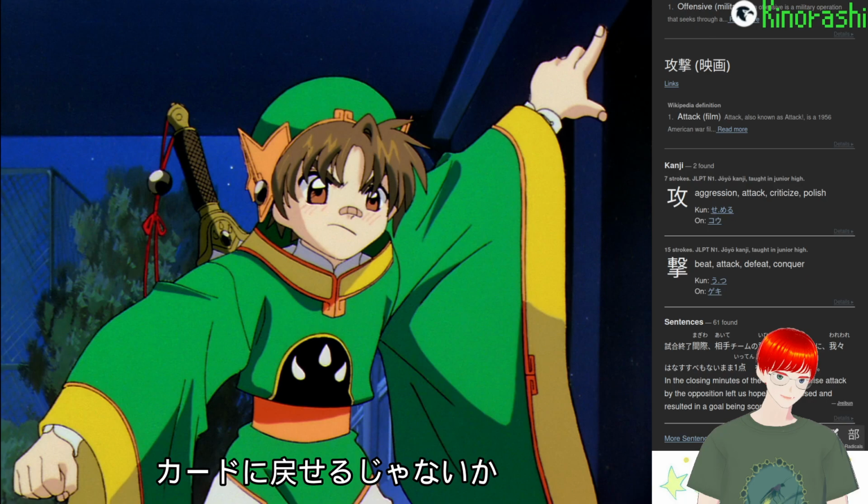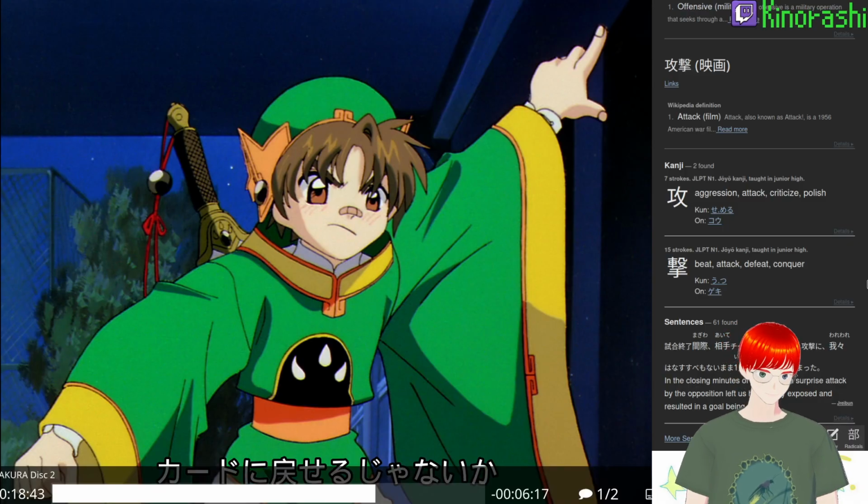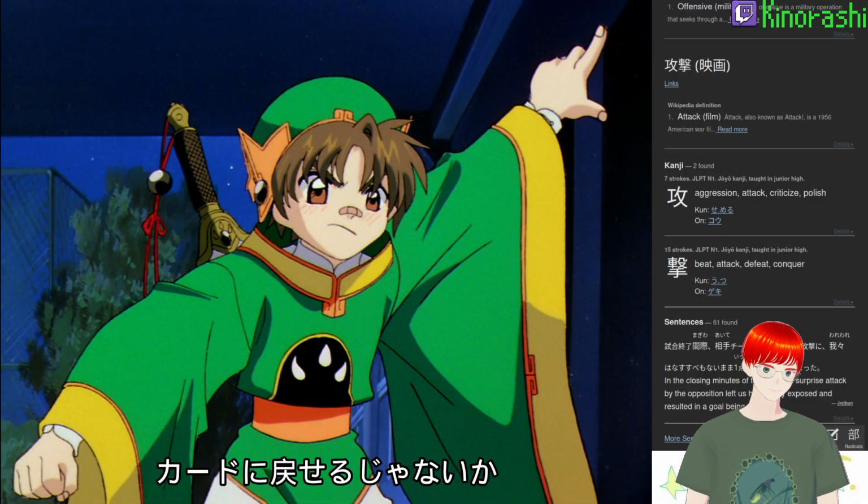So, okay, they're just asking the question in the negative. So if we destroy the clock tower, then will we not be able to return to a card? Or in other words, if we destroy the clock tower, will he be able to return to a card? But he's saying it's sort of like a statement the way he looks. Let's see. カードに戻せるじゃないか.